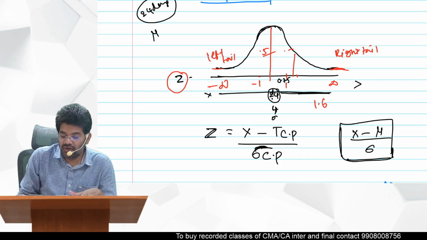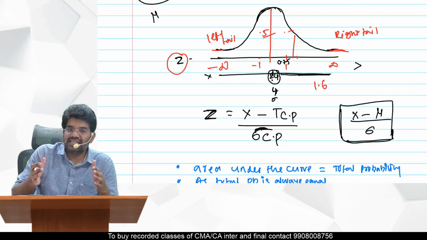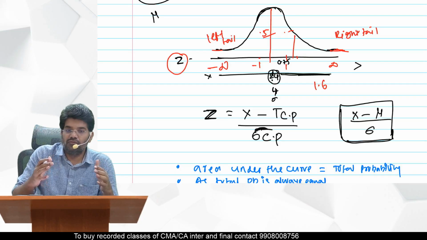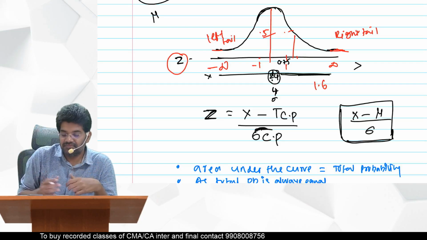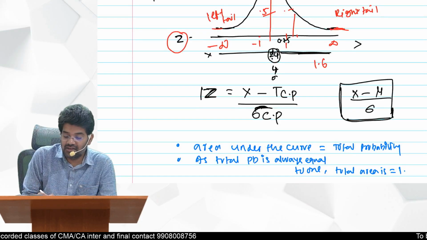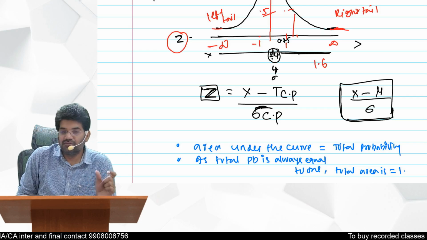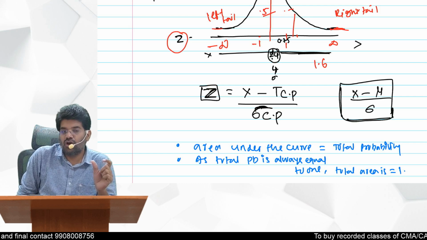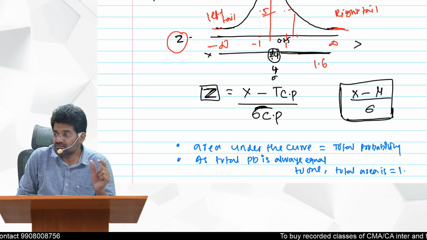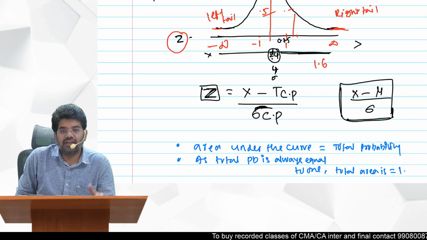So Z helps us to know the distance of your value from your mean. After that, using our Z formula here, we will find out the value of Z. Then by referring to the normal distribution table, we exactly find out the probability for that Z value.